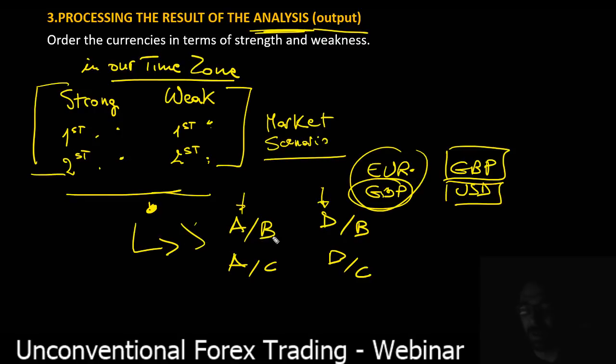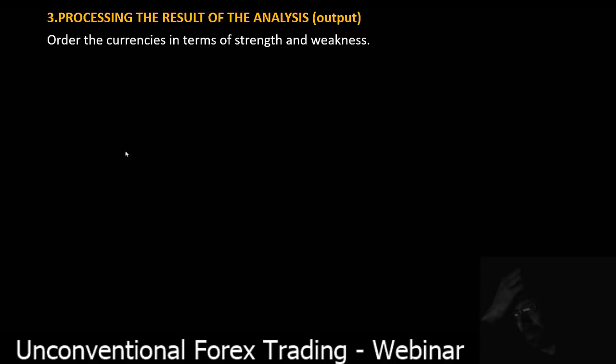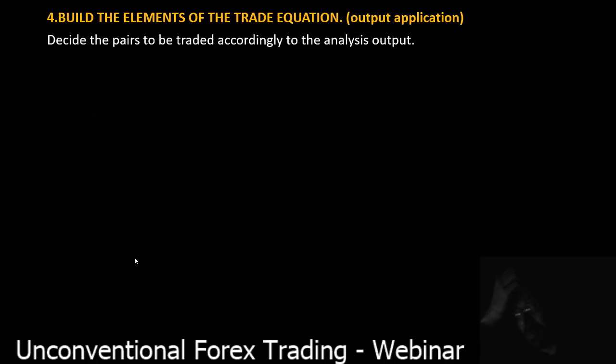Okay, so this is a simplification, but it gives the idea that now you have these elements. These are the elements of our trade. Okay, fine. Next step, we have to build our trade equation.